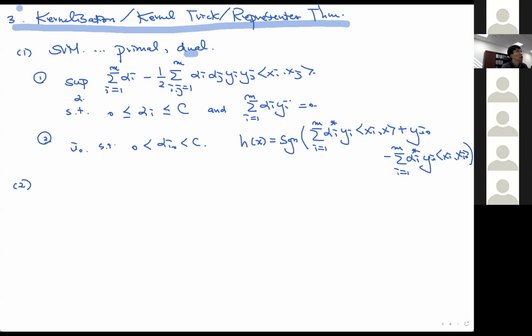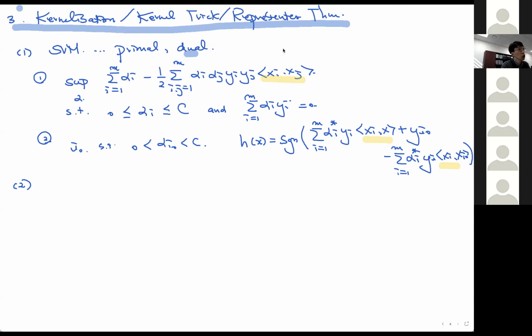Okay, so if you look at it, we are only using inner product there and inner product here. What this suggests is that we can actually generalize this algorithm by replacing this inner product by a kernel.